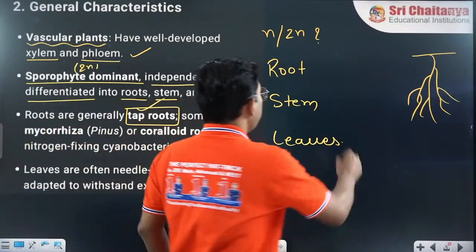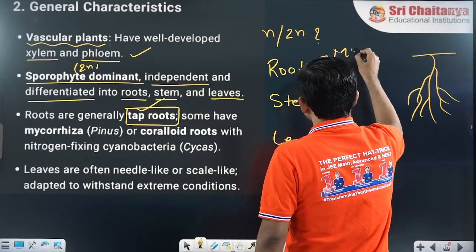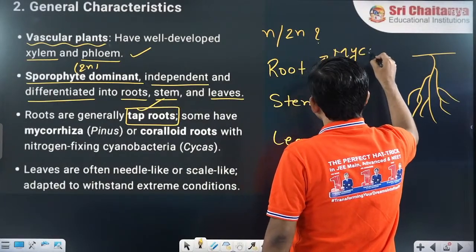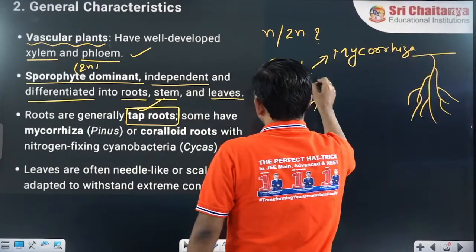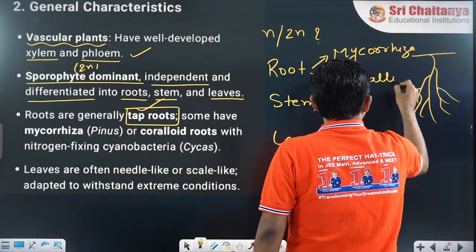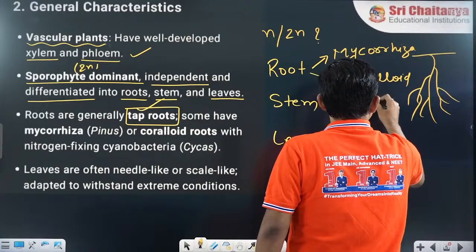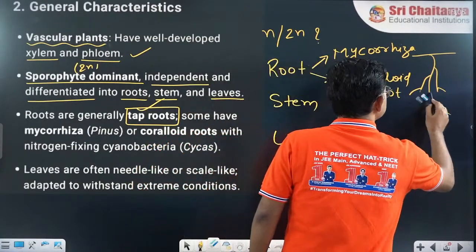Now the root will have two types of modification. Mind this, note this thing down. The root can form mycorrhiza or it can form coralloid root.